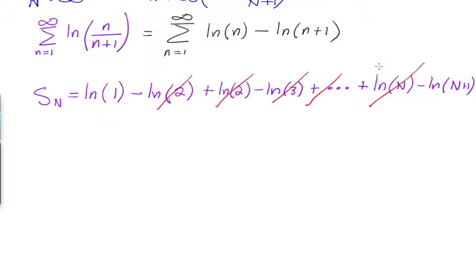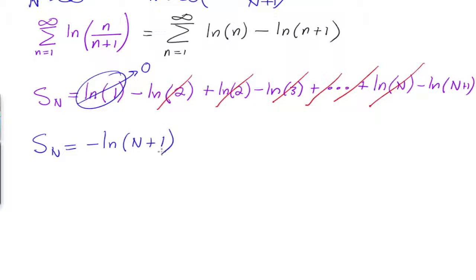ln of N cancels out with the one before, and so then what I get is that s sub n is equal to, what is ln of 1? Yeah, ln of 1 is equal to 0. So the only thing left over is negative natural log of capital N plus 1. So that's interesting.